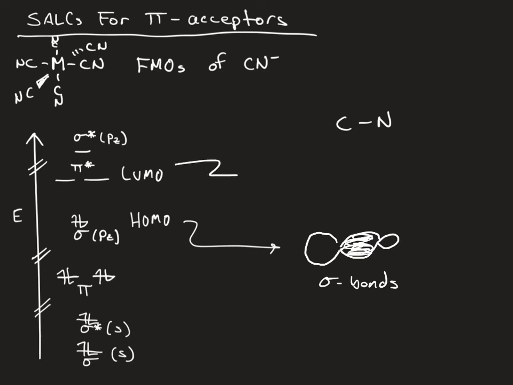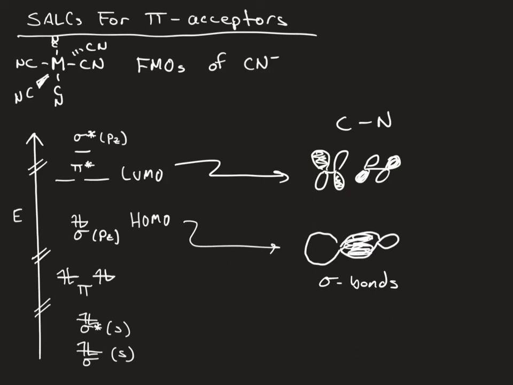And here, these unfilled orbitals are the ones that are energetically available to bond into the metal center. These are where you're going to form your pi bonds from. So your pi-acceptor SALCs are going to be derived from these orbitals here, and they're going to look similar to those pi donor SALCs that we derived for the chlorides.